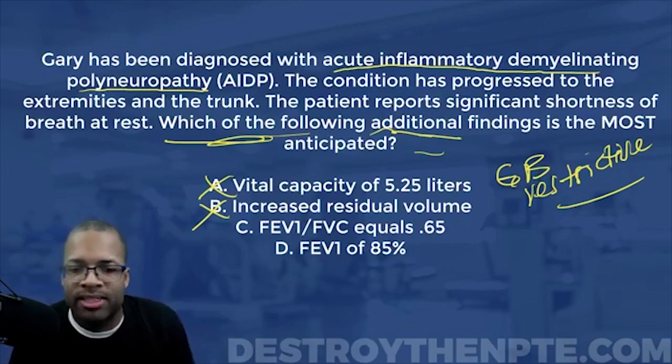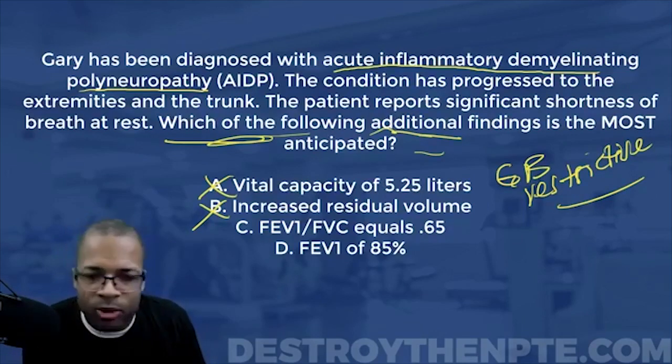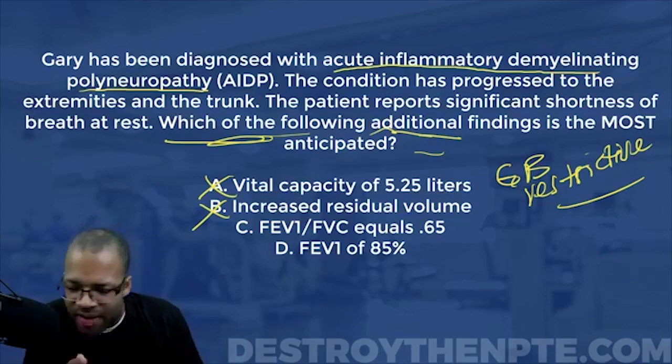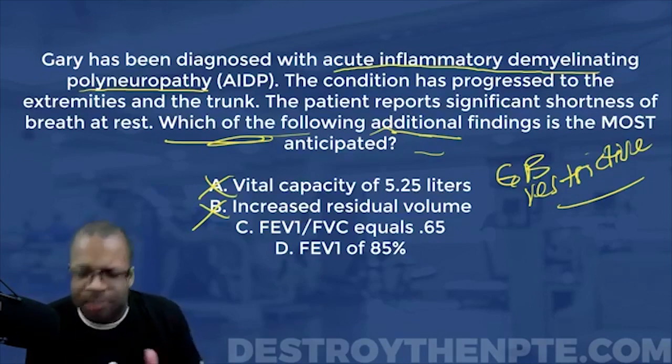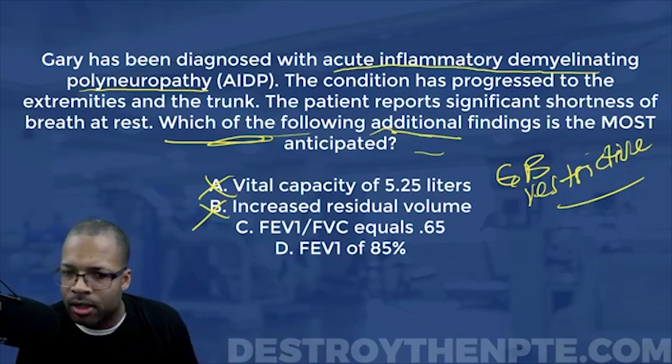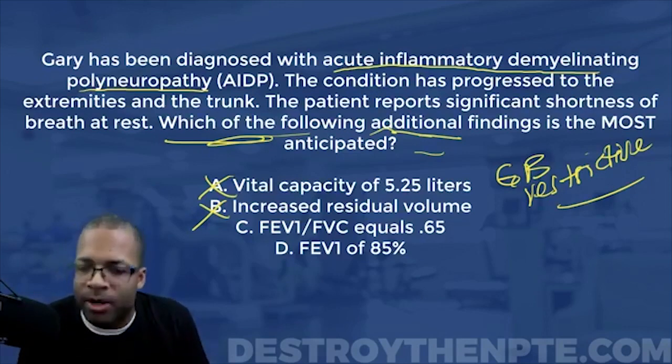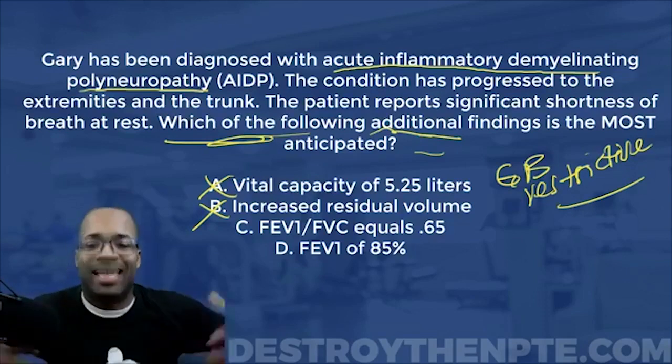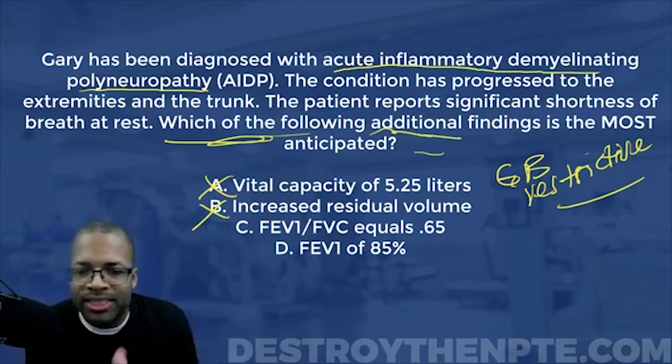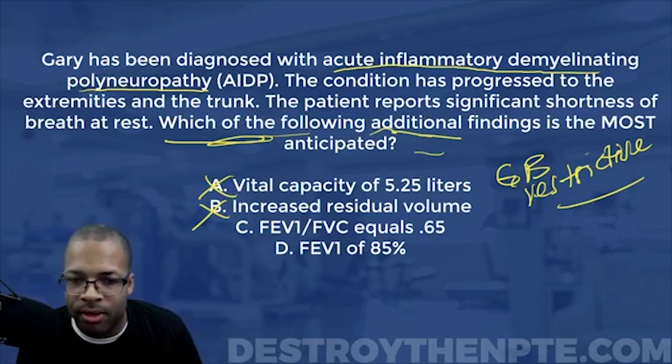All right, let's go down to C. C says FEV1, which is forced expiratory volume in 1 second, the amount of air that you can expire in 1 second over your forced vital capacity. And that's the total amount of air that you can expire after a full inhalation. It's saying that is 0.65.